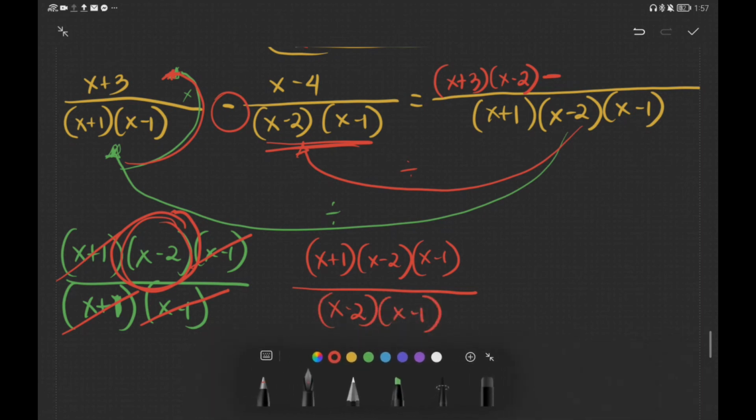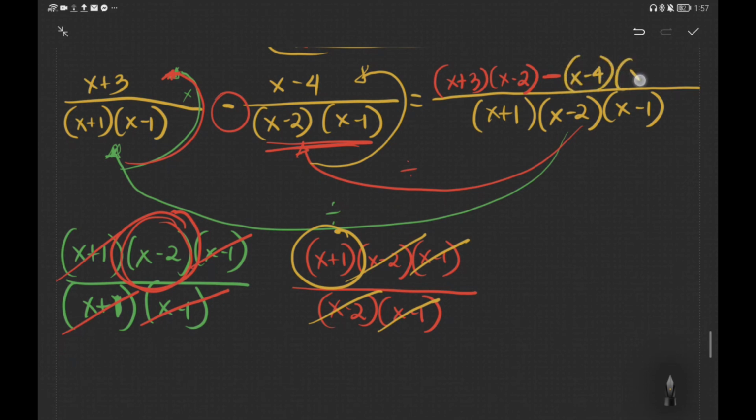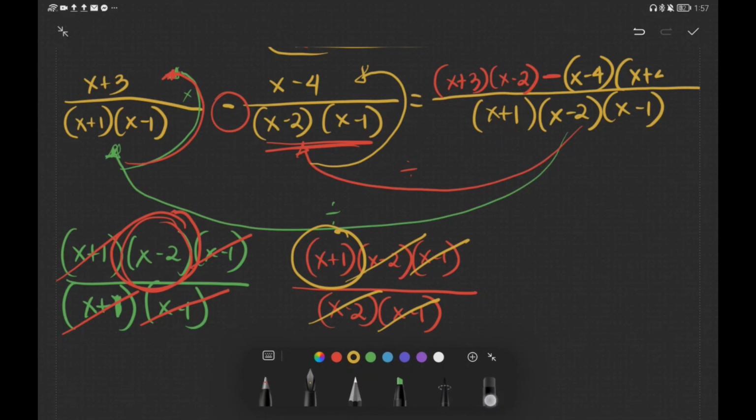The common factors in the numerator and denominator cancel out. What remains is x plus 1. The answer, x plus 1, is multiplied by the numerator. That becomes x minus 4 times x plus 1. This is x plus 1 rather.